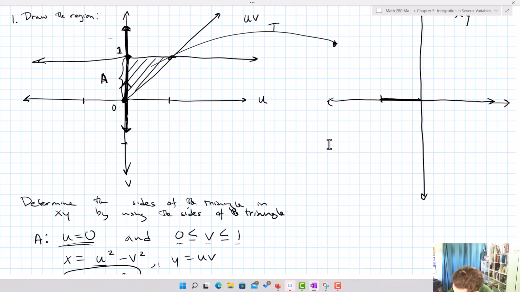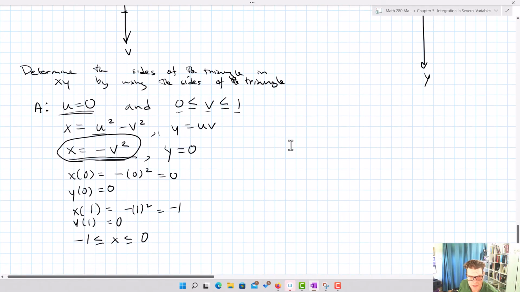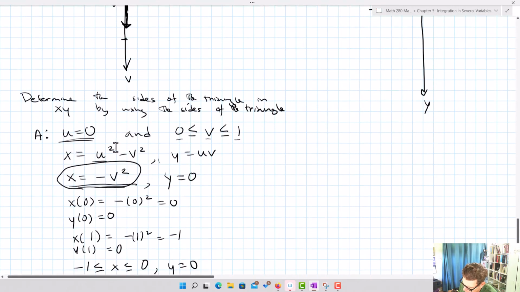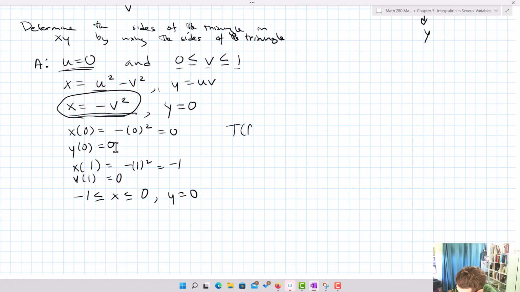Here's my x-axis, here's my y-axis. I'm going to have it at y equals 0, and x is going to be greater than or equal to negative 1 and less than or equal to 0. We'll call this A prime. That's my new side. A transforms to A prime, so we say T of A equals A prime.